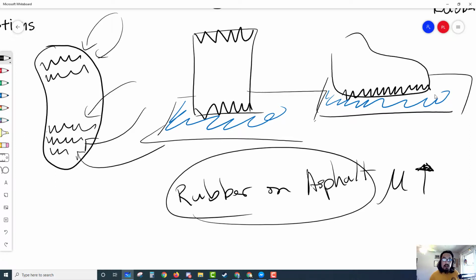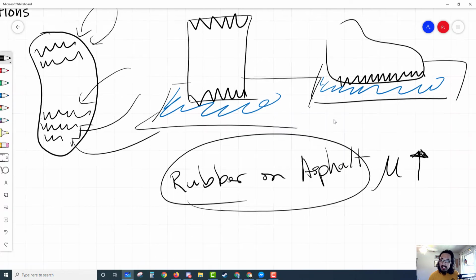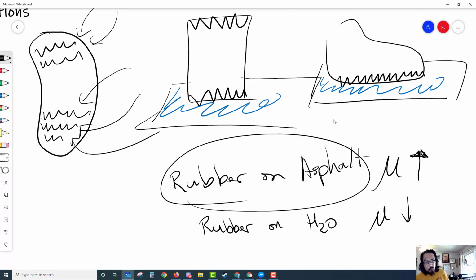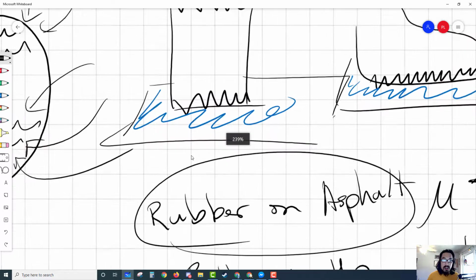However, if your tires are bald or if you have shoes with no ridges, it becomes really slippery. That's because it's no longer rubber on asphalt, but rather rubber on water, and rubber on water has low mu. Let me show you why.